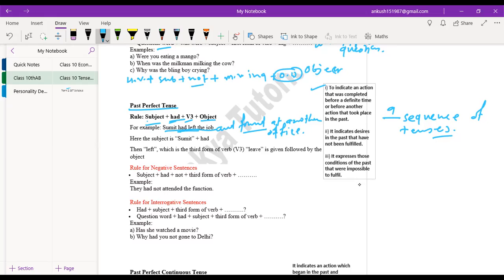Oh, one thing I just forgot to tell you. Your examination is scheduled, I think, from 26th of April. Your exams will be conducted by the CBSE. Sir, on the official website?